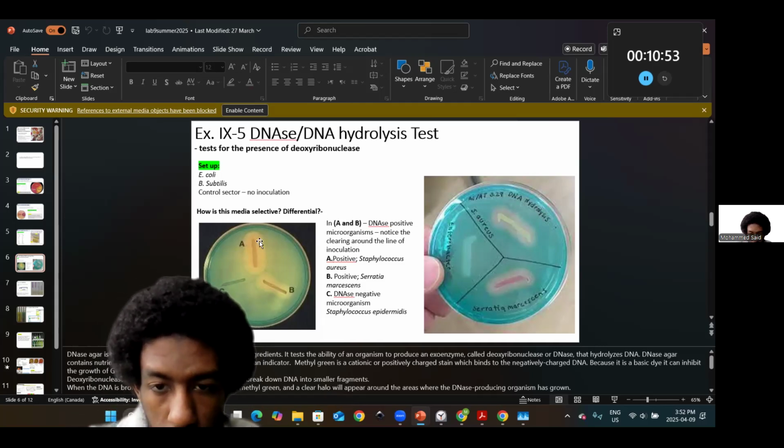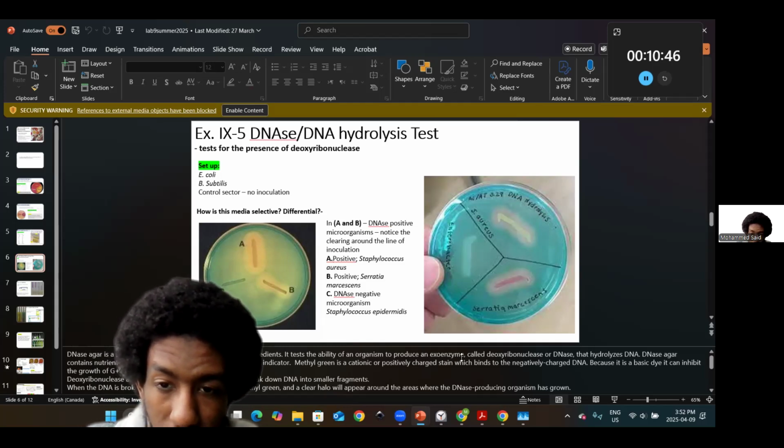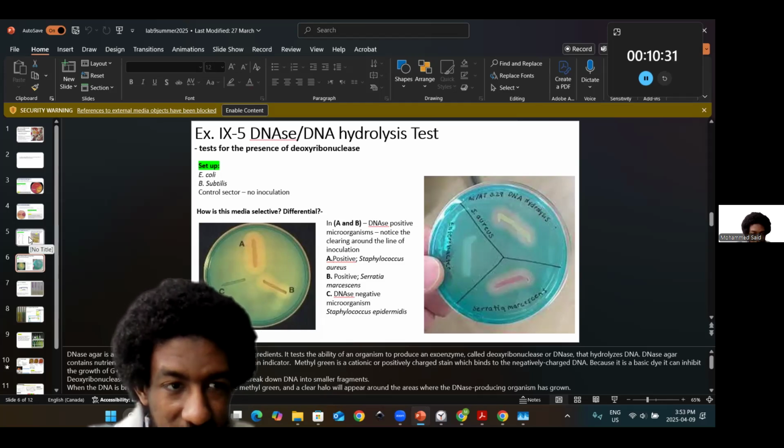It's an exoenzyme, meaning that it could come out and cleave and hydrolyze DNA outside of the bacteria. And so that's something you want to keep in mind. Inshallah, that makes sense.